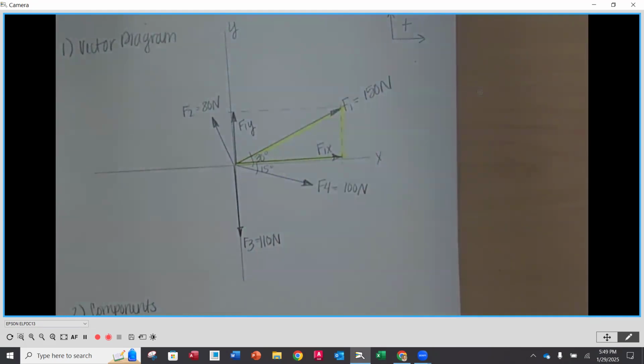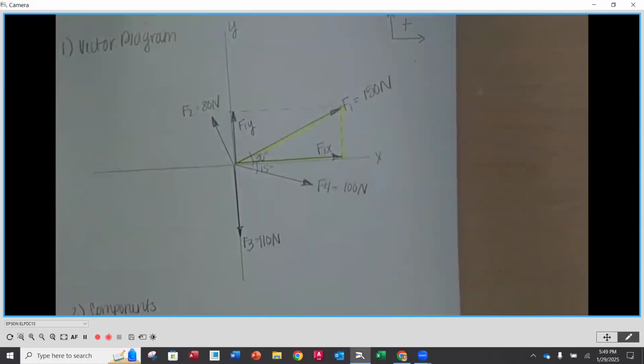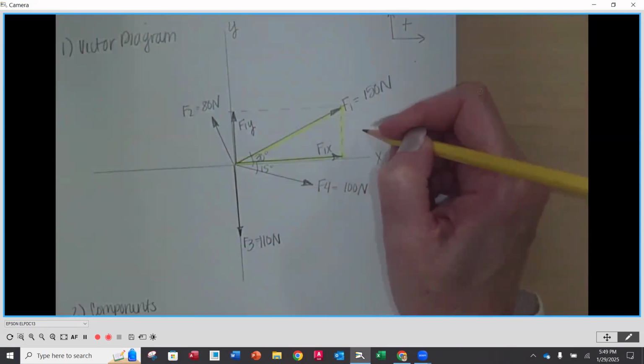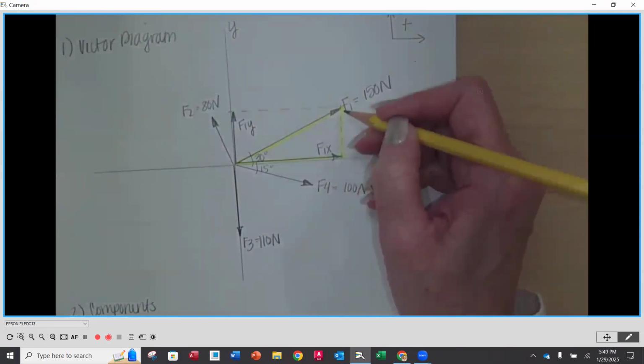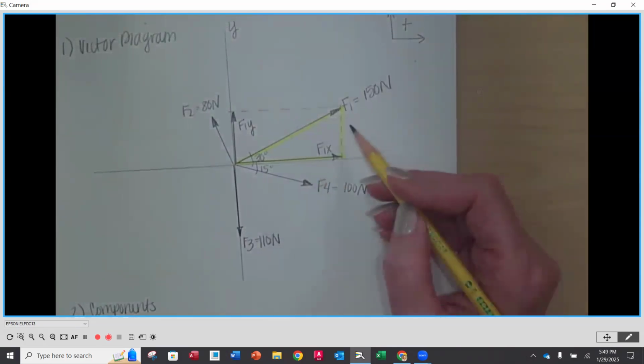Yes, my F1Y is an equivalent length to the dotted line out here that's vertical, but it is not located there. So you're not putting F1Y over here, right? If you do, erase it now. Don't hand it in like that. And don't be drawing that vector out here. We don't want any floaters. But it's an equivalent length.